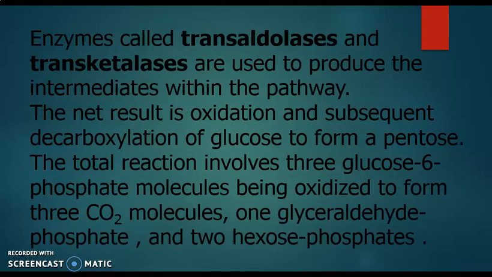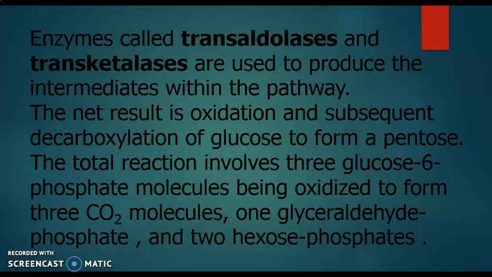Now coming to this, there are two different types of enzymes involved in the PPP: transaldolases and transketolases. These are used to produce what? The intermediates within the pathway. Intermediates are NADPH, etc. So these enzymes are involved in the synthesis of intermediates.